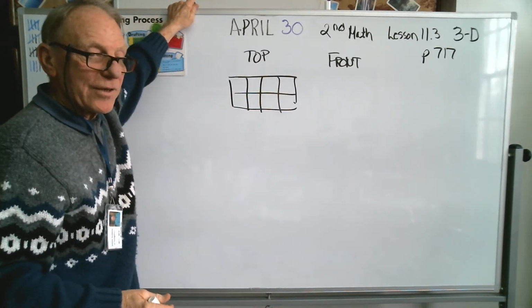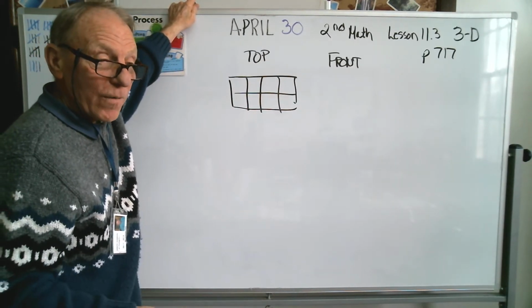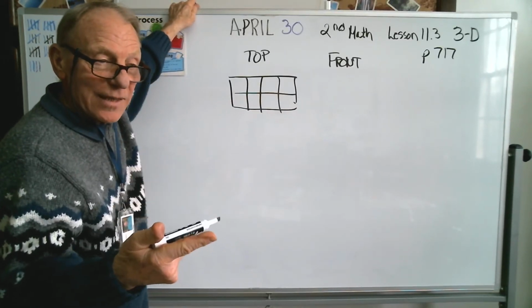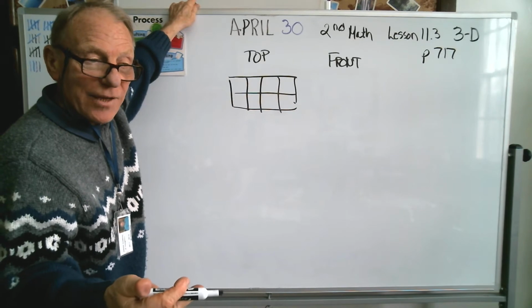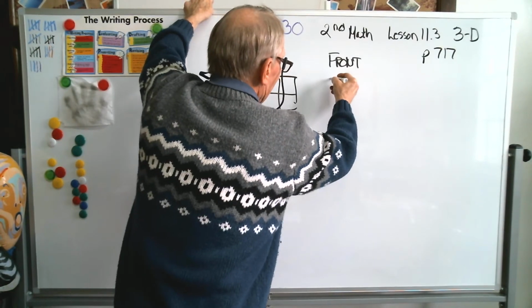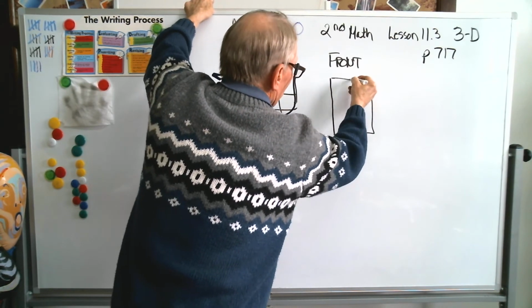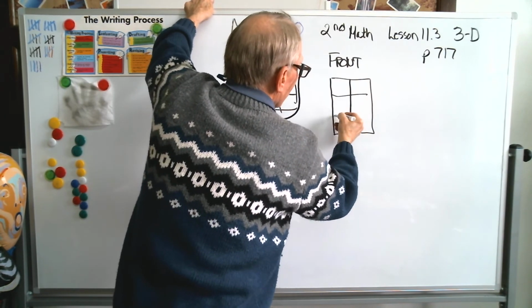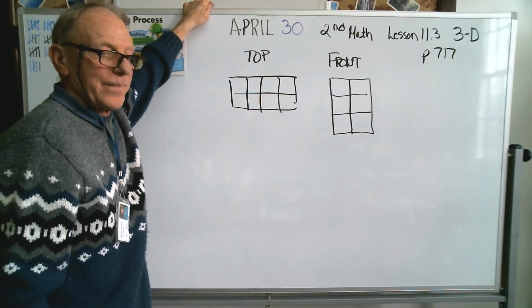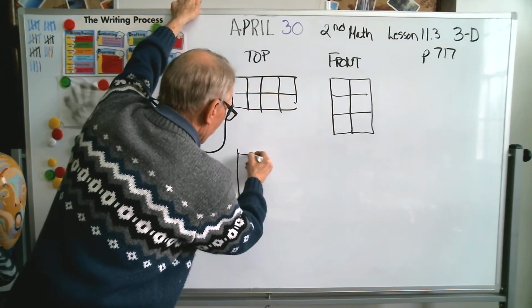We got 8 blocks on top. And in order to make that 24, we would need 8 plus 8, that's 16, plus 8 is 24, which means the front has to be 3 blocks high. Now, if we drew this, here's our front.